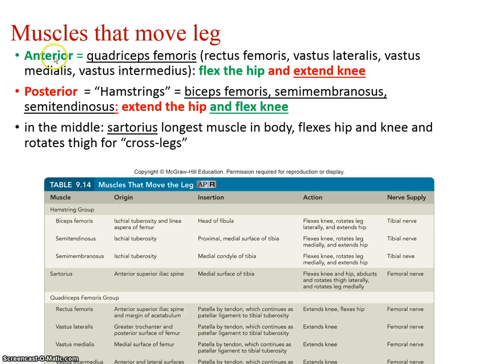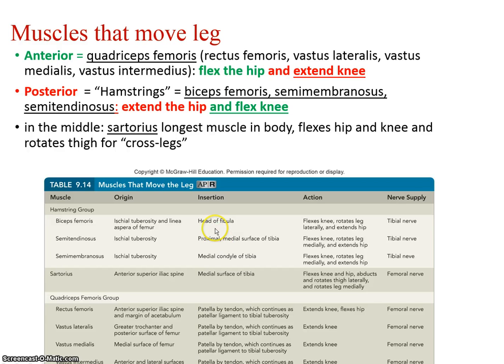The muscles that move your leg are in the thigh, and they would have an insertion somewhere on the tibia, over the patella, or the fibula: head of the fibula here, tibia, tibia, tibia. Patella to the tibial tuberosity.